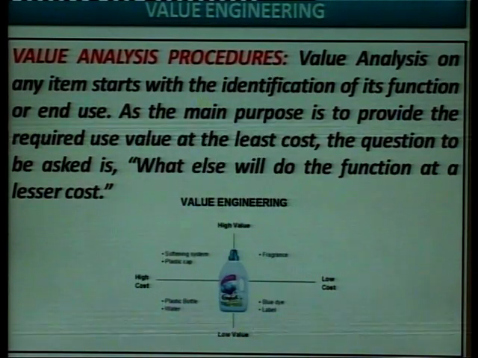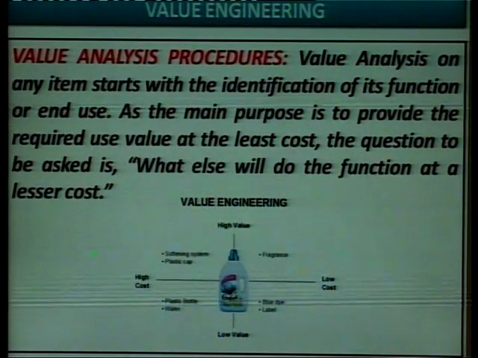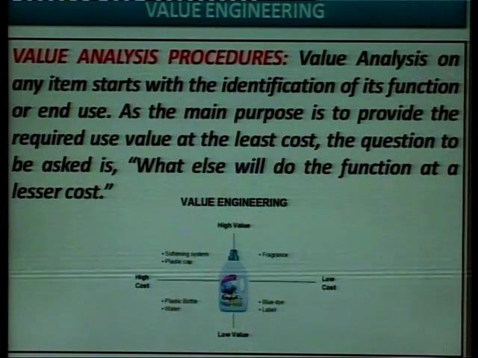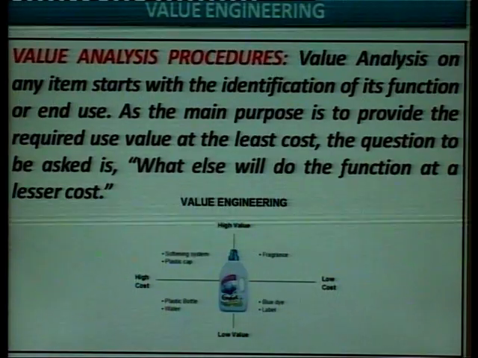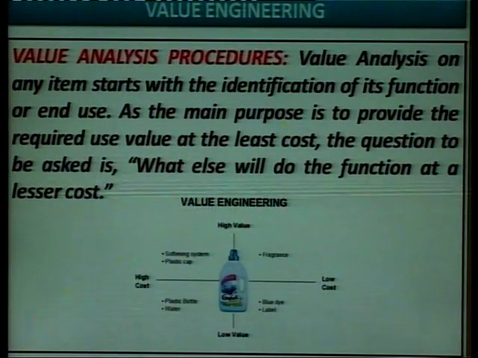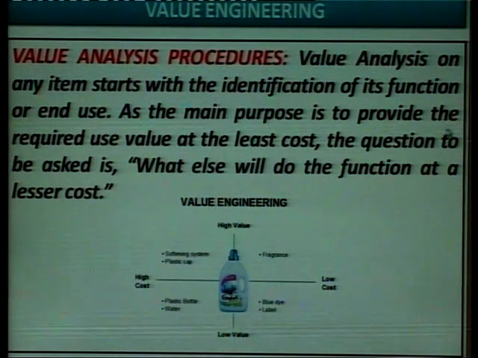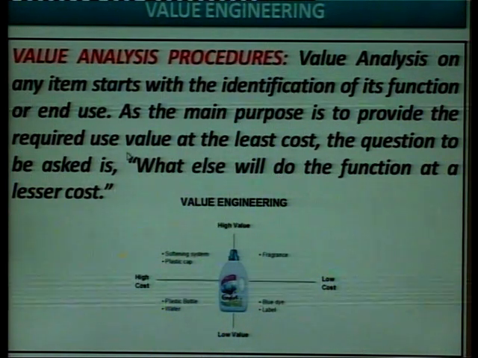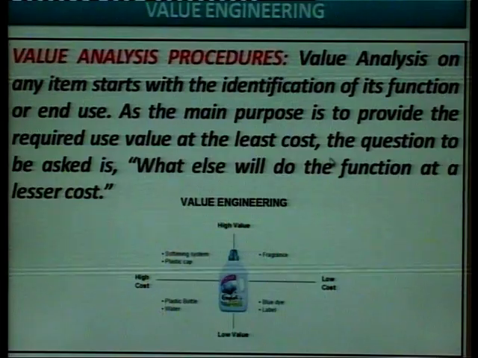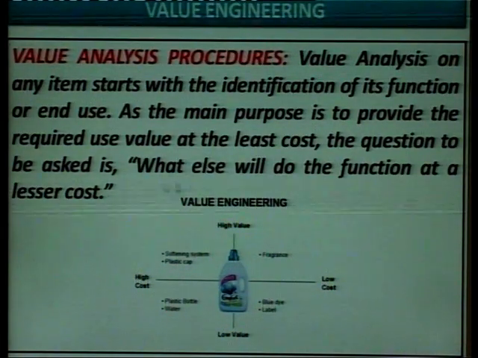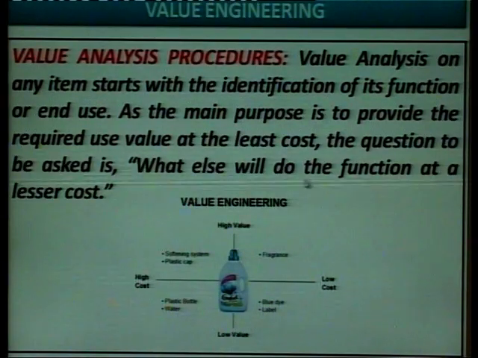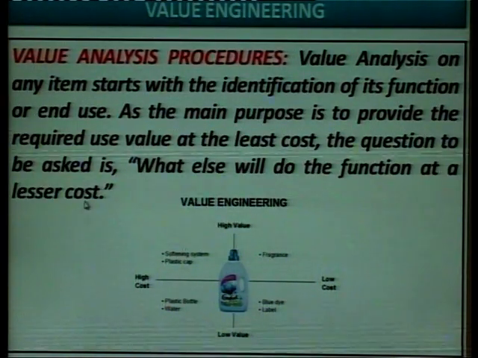Value analysis procedure. Value analysis on any item starts with the identification of its function or end use, as the main purpose is to provide the required use value at the least cost. The question to be asked is what else will do the function at a lesser cost.